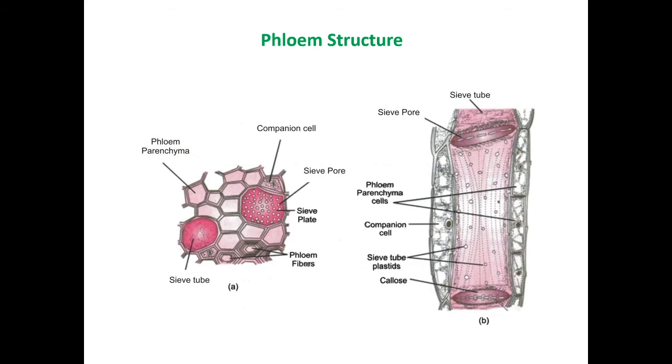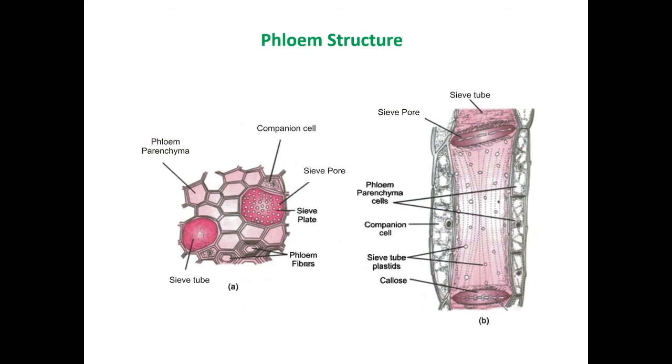So this is about the sieve tube or sieve cell. One more time. These are the cells through which actually the translocation of organic solutes takes place. Okay, these are called sieve cells or sieve tubes, and they are connected end to end. And these sieve cells are separated by sieve plates.